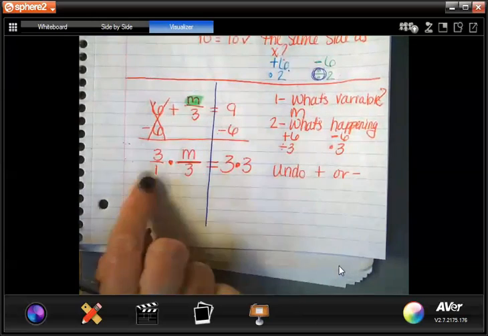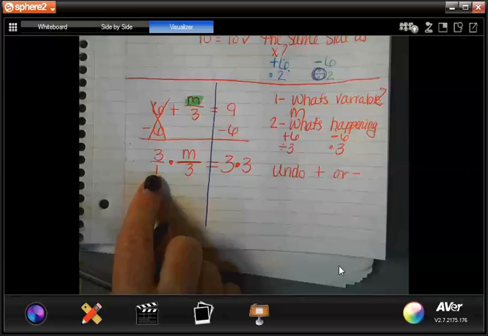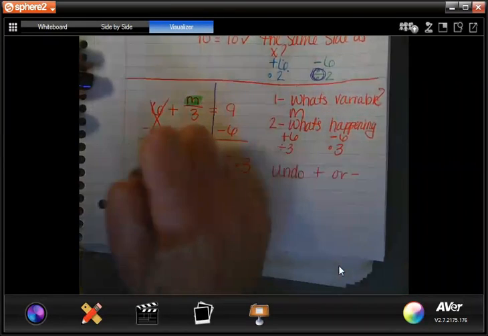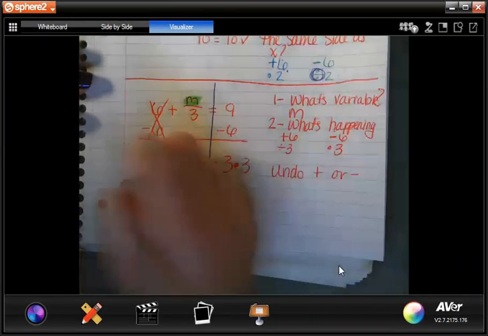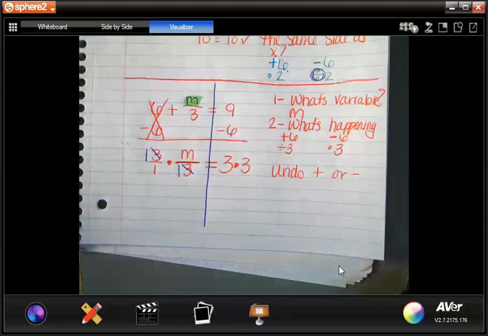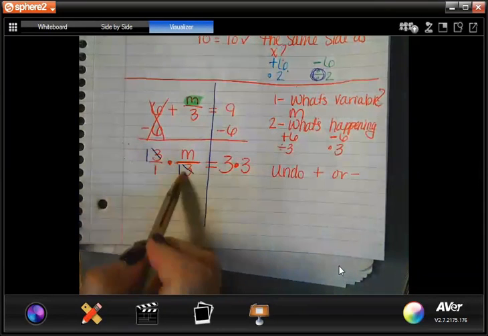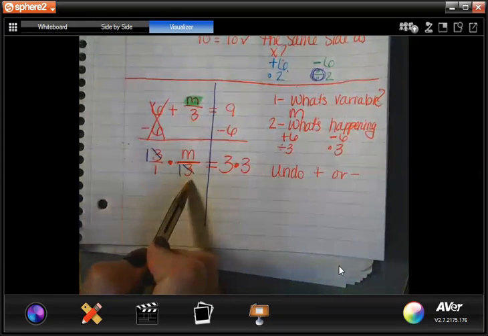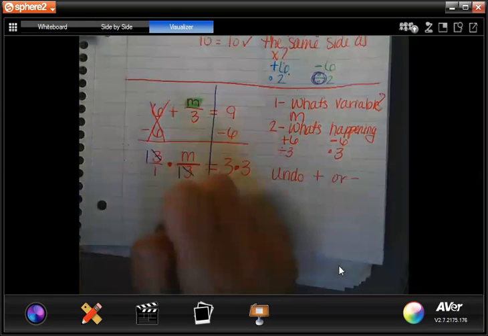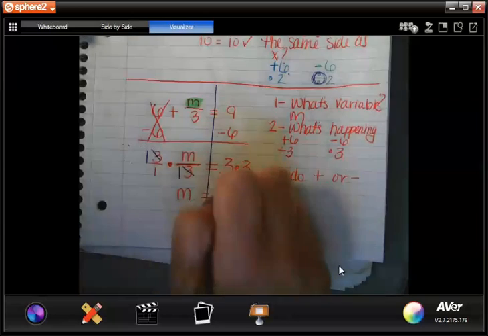Notice I put this one as 3 over 1, because 3 divided by 1 is still 3. These cross simplify: 3 goes into 3 once, they cancel out. 1 times m is m. 3 times 3 is 9.